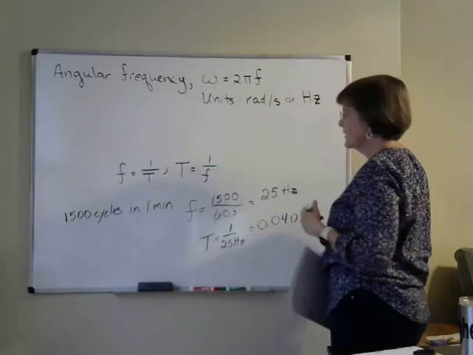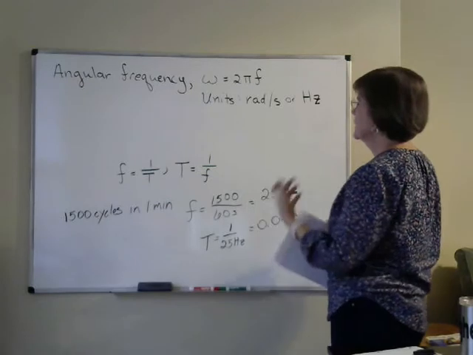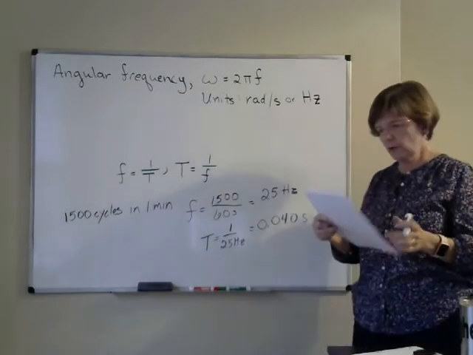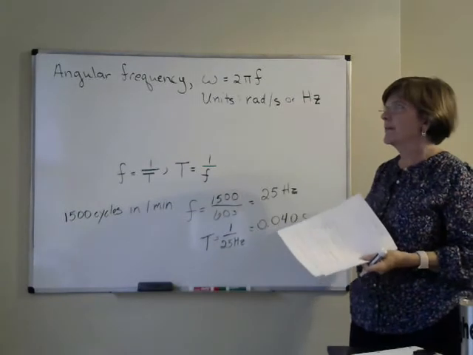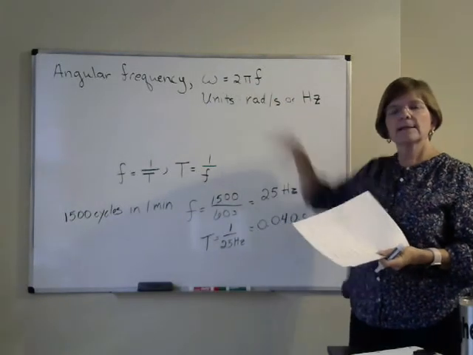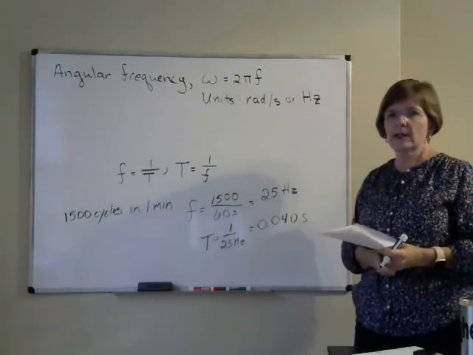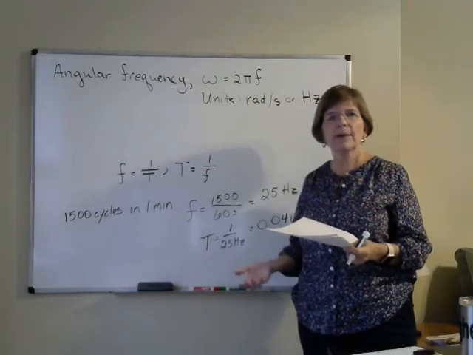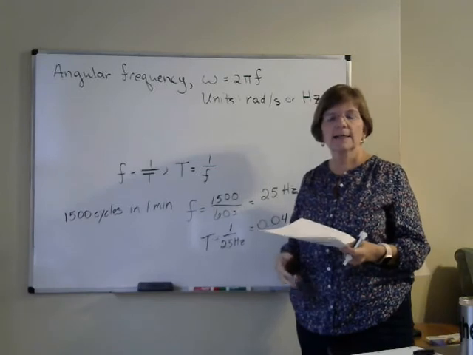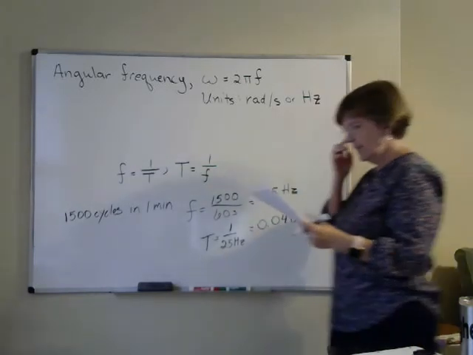So if you take your frequency and multiply it by 2 pi, we get this new quantity that we call the angular frequency. The value is that it simplifies a lot of the equations in trigonometry when we start talking about waves. And so there's value in that number.